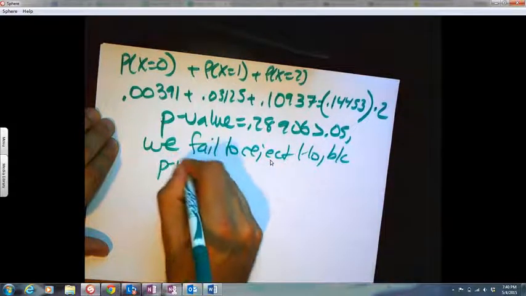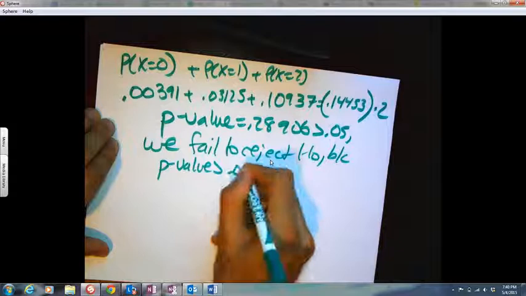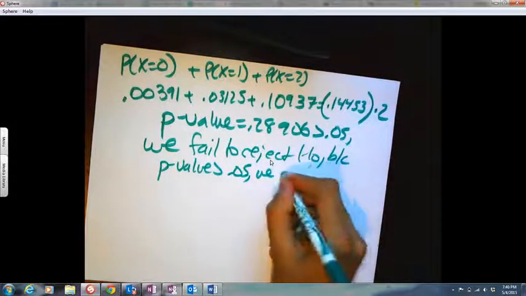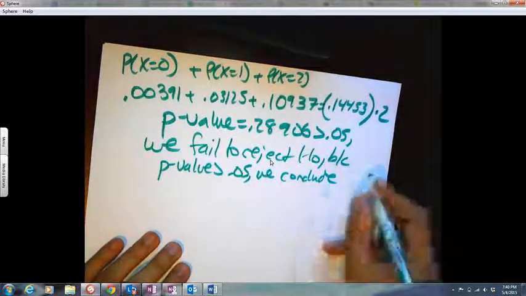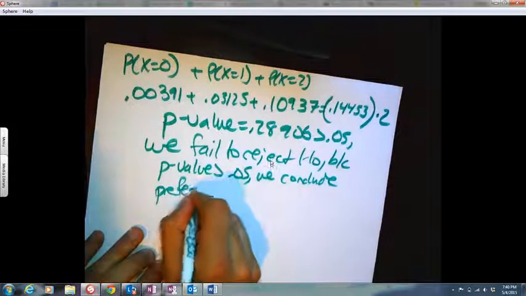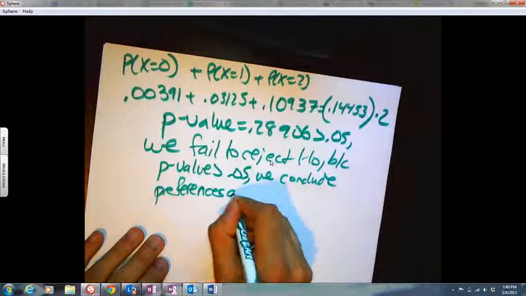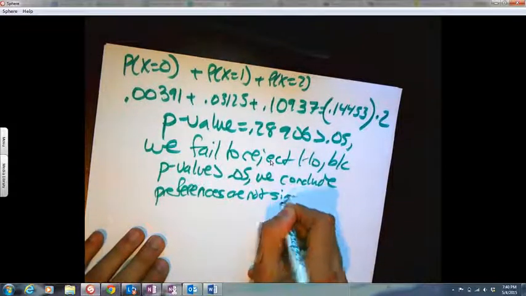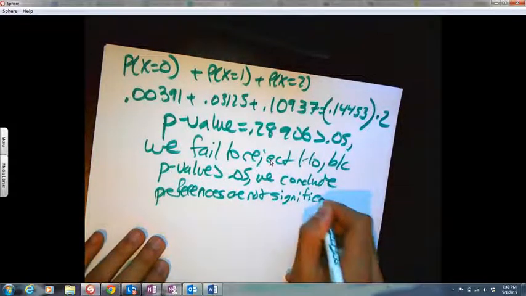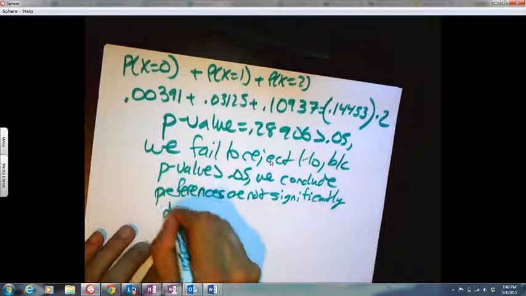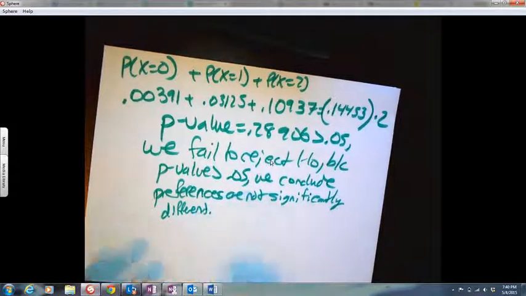We conclude preferences are not significantly different. All right. And finally on part F, if they want to redo it, how could they make it better?